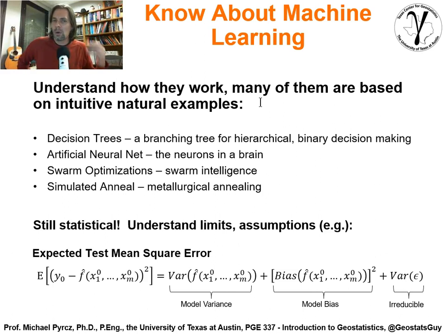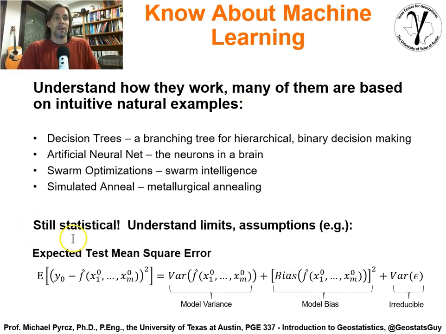Artificial neural nets, of course, is an analog model that's based on our brain. Swarm optimization, based on the idea of swarm intelligence. Simulated annealing is based on the idea of metallurgical annealing. So they're logical and they make sense, and it's fascinating that we have systems mirroring or based on natural systems that actually do a good job solving problems.